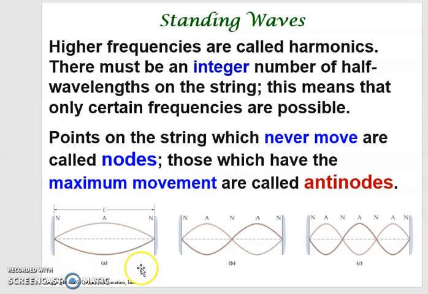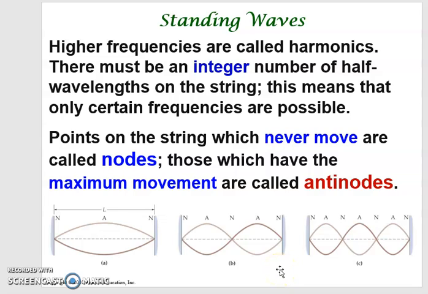This is the fundamental mode I just introduced. The next harmonic after the fundamental mode will be this. You still have 2 ends fixed, but now the next available wavelength allowed is 2 half wavelengths.